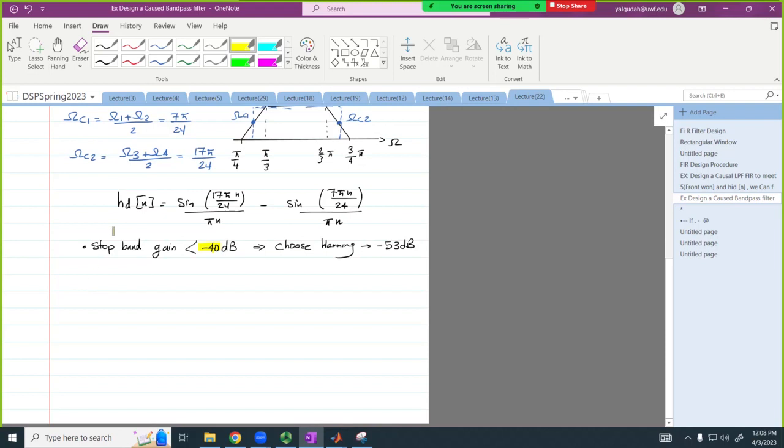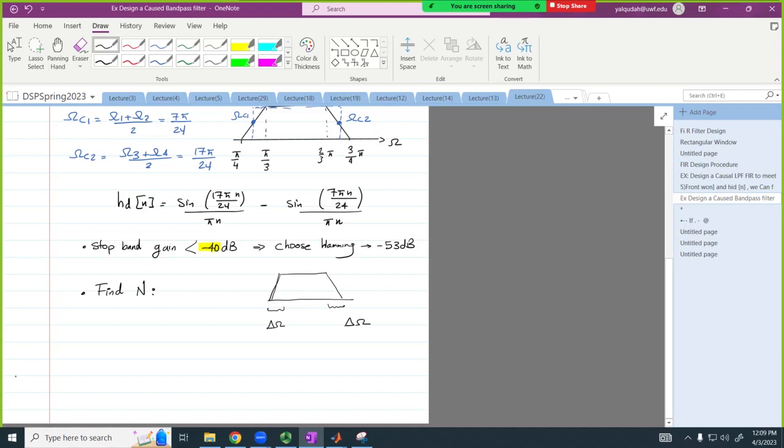The next step is to find the value of n, how much the window size has to be. To do that, I'm going to go to the graph that we have here, and I'm going to calculate delta omega here, and delta omega here.